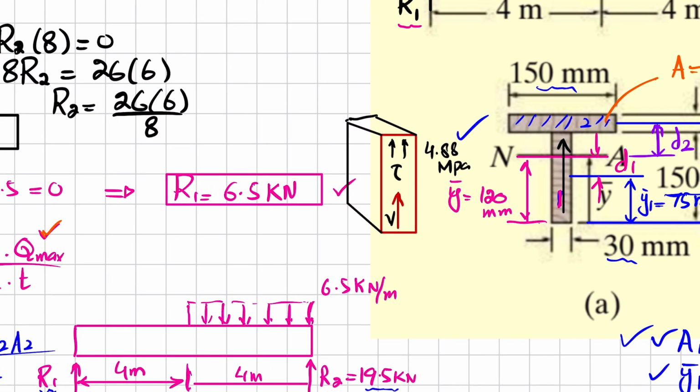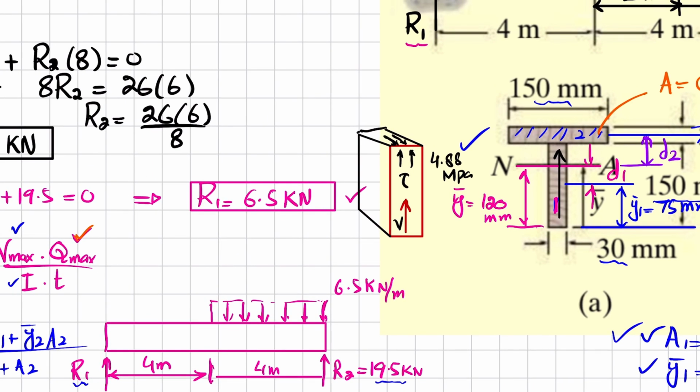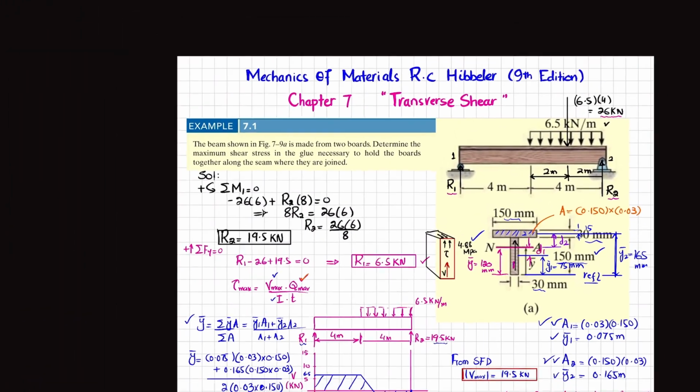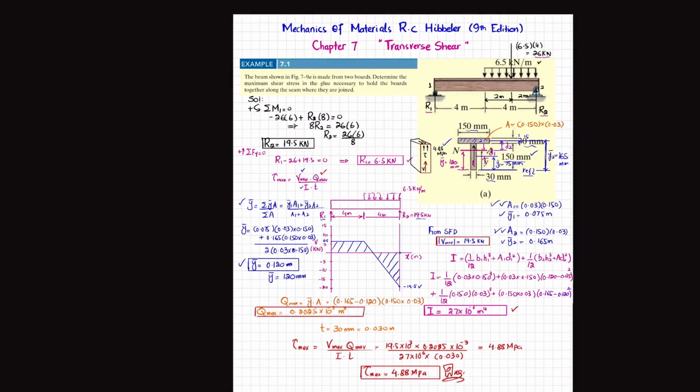So in order to balance it, there will be a longitudinal shear stress there. So this will be the representation, and this is the glue resistance to the longitudinal shear stress that holds the board from slipping at the right hand support. So this was all about this example 7.1.